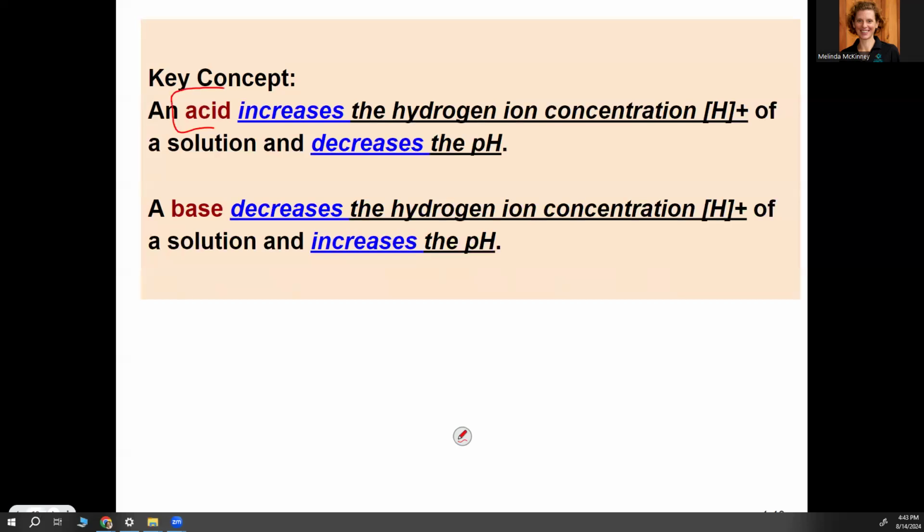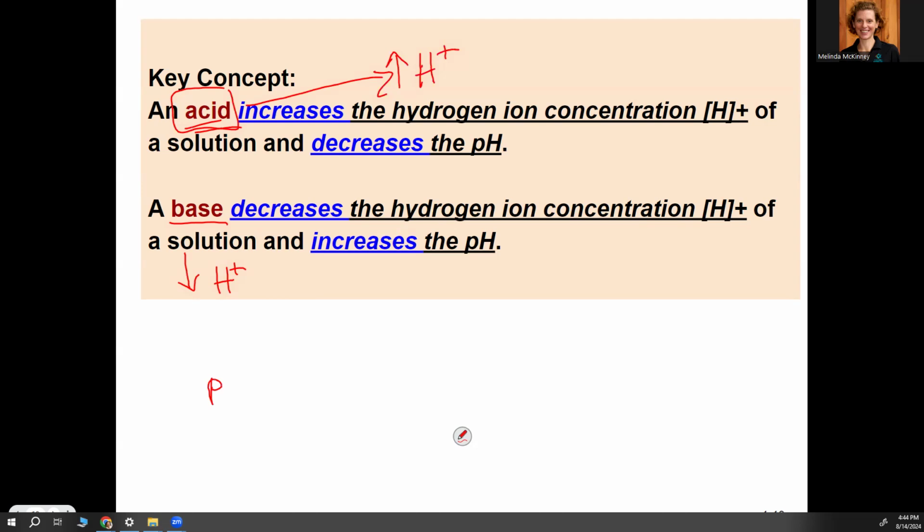So an acid is basically looking at hydrogen ions, whereas a base is often framed as hydroxide ions. This can be a little bit more confusing, so I'm just going to stick with looking at hydrogen ions for the most part for this class. So we're going to say a base is going to decrease the number of hydrogen ions, whereas an acid is going to increase the number of hydrogen ions.